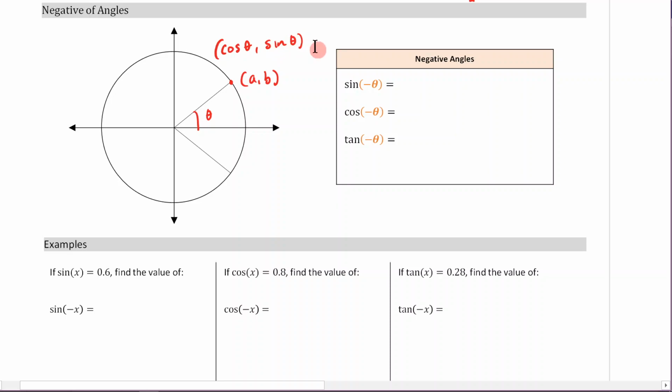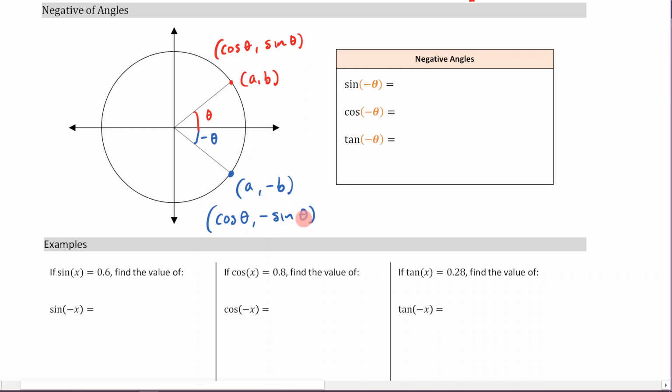And now what we're going to do is consider a negative theta. So that means down here now, negative theta. Now, what is this negative theta going to be? Is my x going to change? No, my x stays the same. It stays as a, but my y changes, so it becomes negative b. That means I'm going to get cos of theta, negative sine of theta.